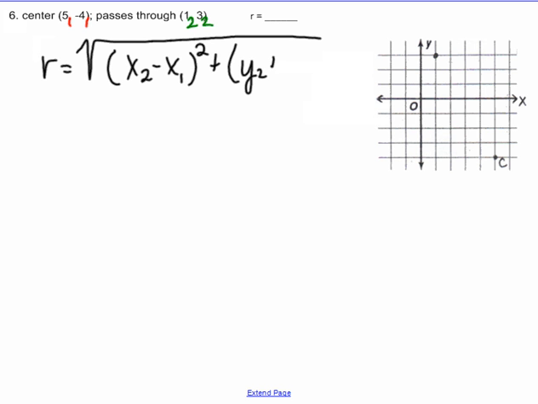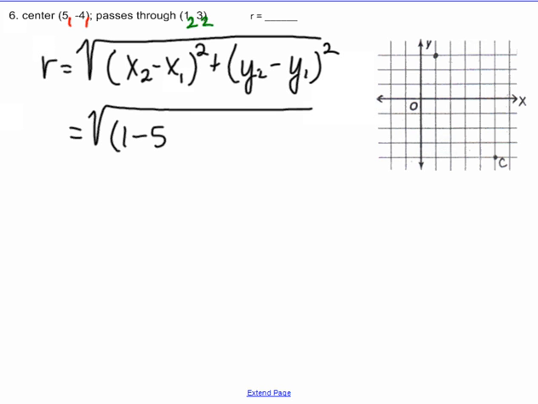All right, here we go. x2 is 1 minus 5 quantity squared plus y1 is 3 minus a -4 quantity squared.